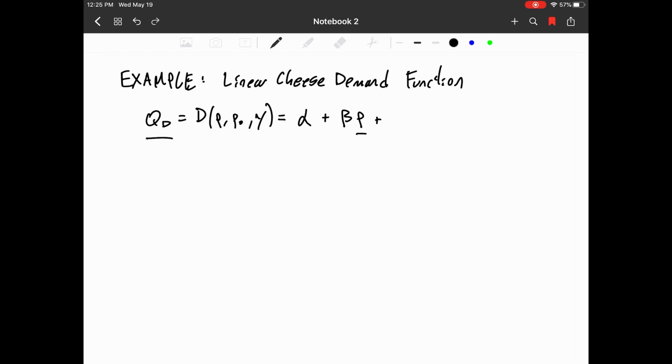Then thirdly, we're going to introduce something very similar, but for the price of related goods. So our gamma P0. And the sign of this parameter, gamma, is going to control whether goods are complements or substitutes. And lastly, we have delta controlling Y.